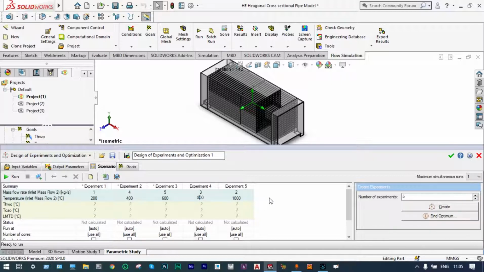This will be the temperature, and similarly the mass flow rate also has to increase. For the first case, the mass flow rate is 1 kg per second. For the second one, we'll consider 2 kg per second, and the third one will be 3 kg per second. The fourth one will be 4 kg per second, and the last one will be 5 kg per second.